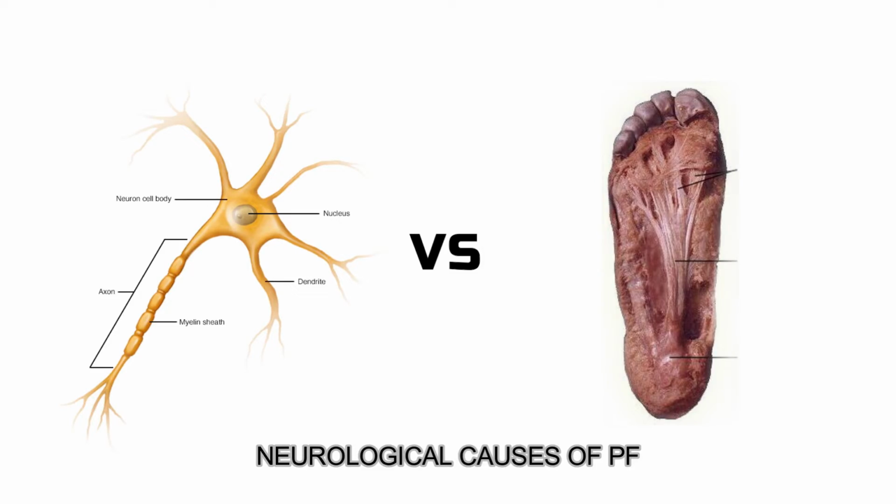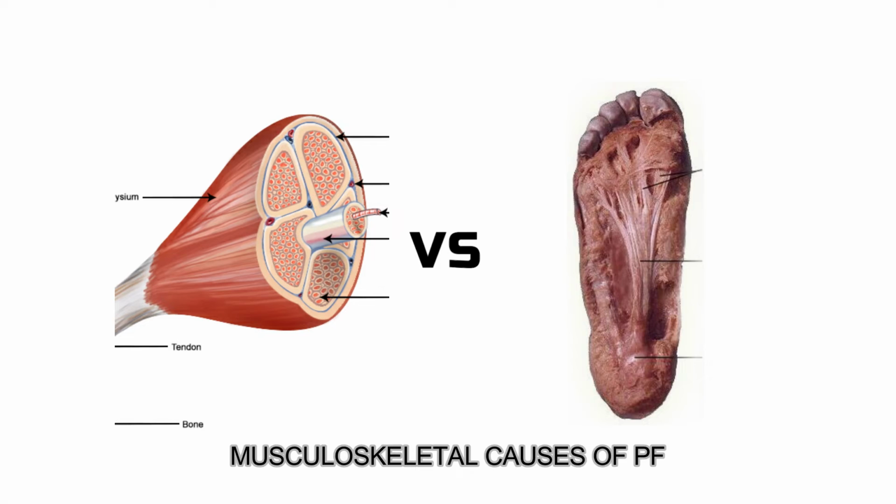So our foot pain could be caused by a neurological system issue, meaning it's a nerve problem occurring around your body that is actually giving you some symptoms around your foot. Could also be coming from the muscular system or soft tissue, wherein the muscles or soft tissue structures around the foot are causing you trouble. It might not be plantar fasciitis per se, but other structures around the plantar fascia or around the foot.